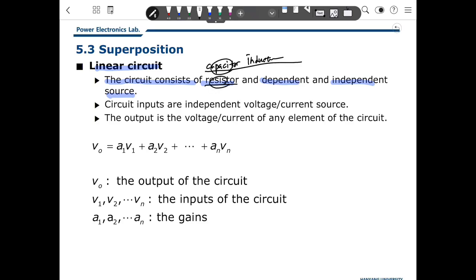The resistor, capacitor, inductor, all of them are linear elements. And we can define the circuit input as an independent voltage or current source. Then the output is a voltage value or current value of any element on the circuit. Then we define that as a linear circuit.